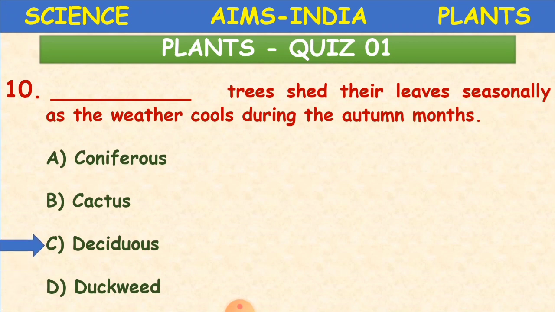Deciduous trees shed their leaves in the months of autumn, and again they get new leaves in the month of spring. Okay children, clear? So that's all for today. Take care. Hope you have understood all this. Goodbye.